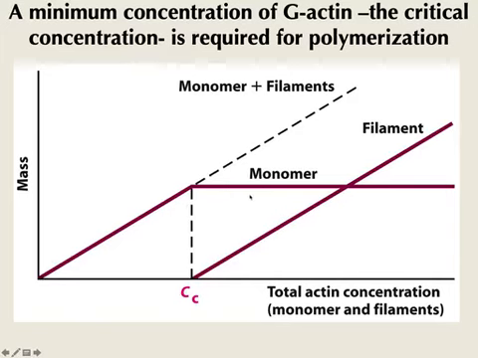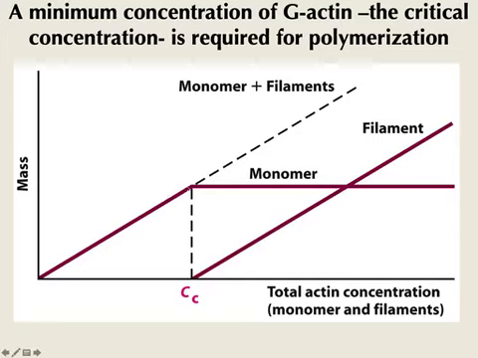That means below a certain concentration, even if you provide the right salts and even if the monomers are ATP loaded, they won't polymerize. Okay, there's a need for a so-called critical concentration for polymerization, and that is true even if you provide the nuclei. So it doesn't depend on nucleation. It's just polymerization, addition of monomers to pre-existing filaments.